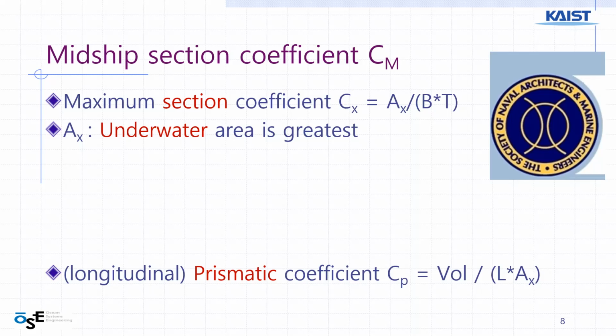Right, B and T is the same. So B and T is like a rectangular box that was drawn.